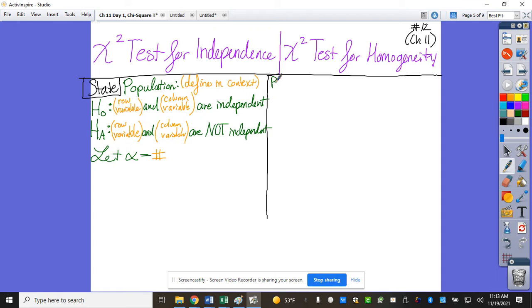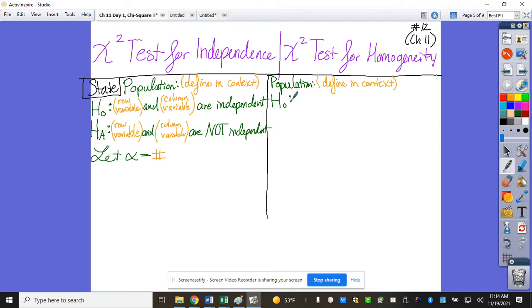We still have to start with population. We're not checking to see if they are independent. So we are not writing to see if they're independent.